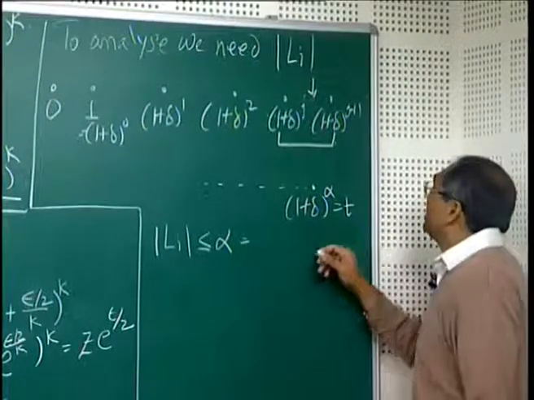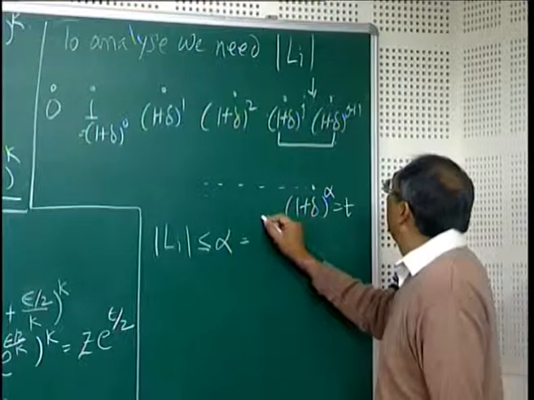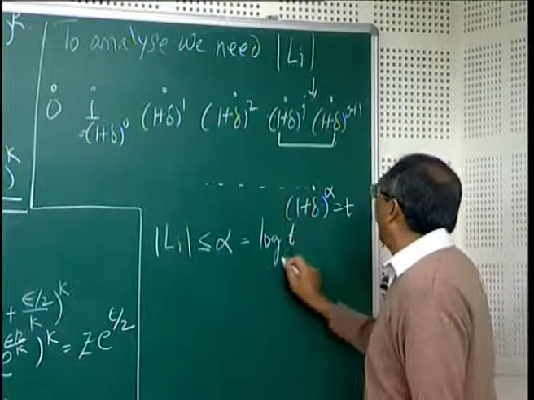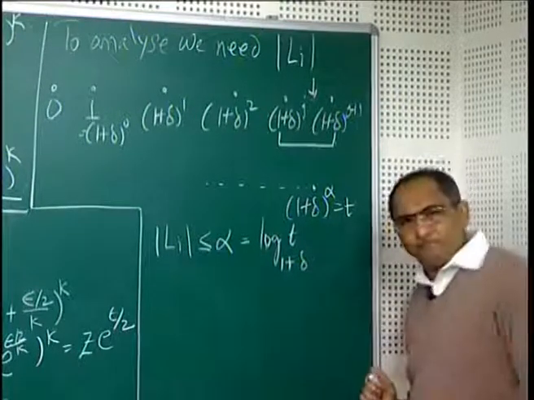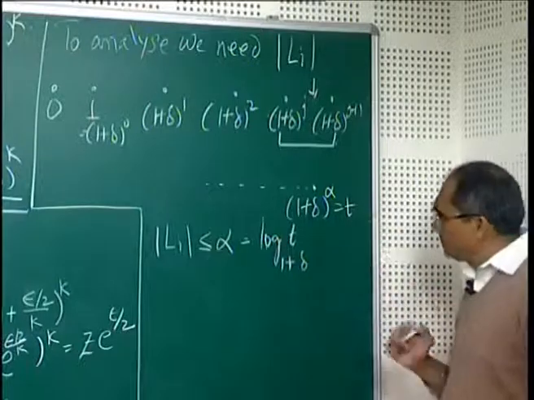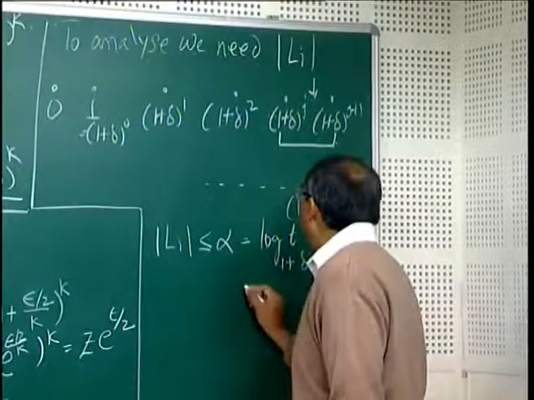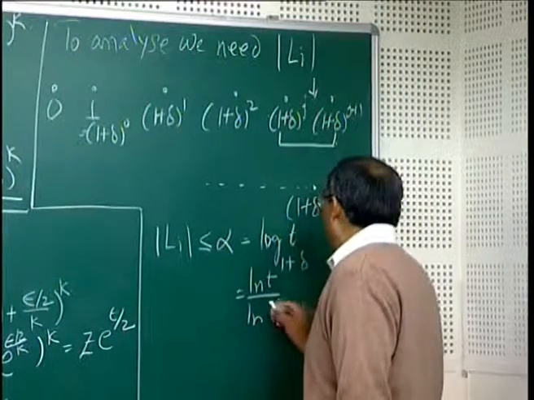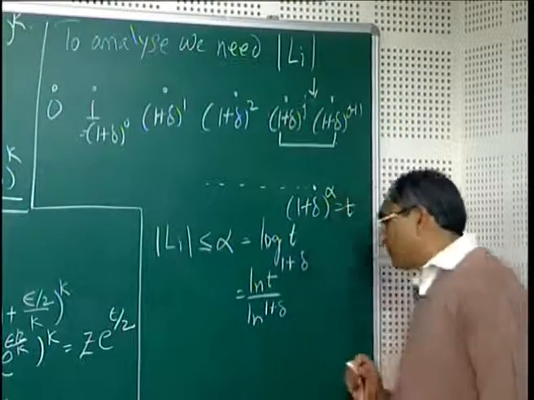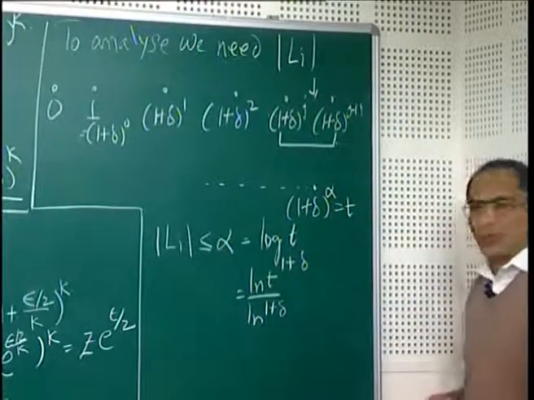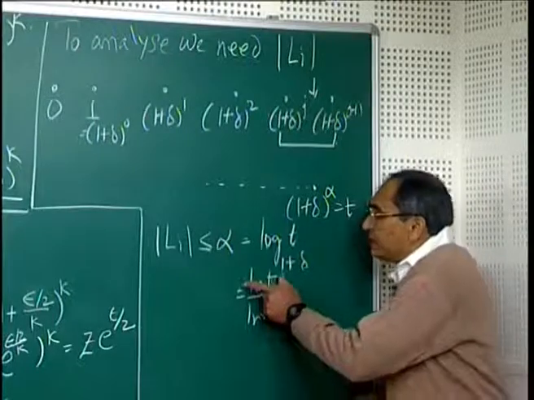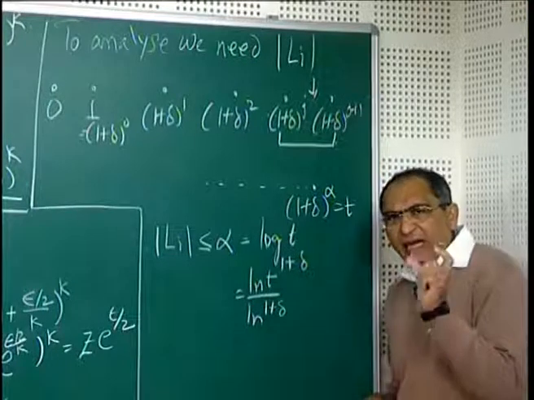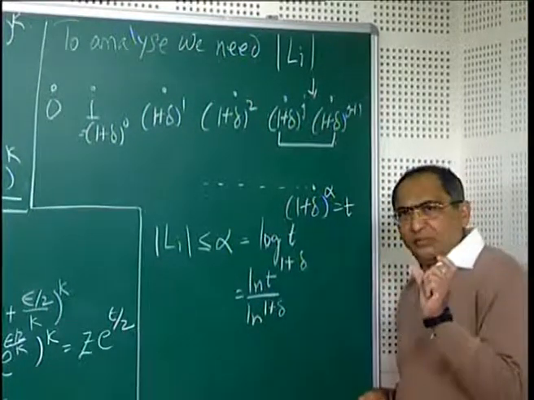and that is nothing but you just take the log. So, log of t base 1 plus delta, that is the alpha, which we will write as log natural t divided by log natural 1 plus delta. Okay. This is important to notice that although this is log natural, log base 2 of t is the size of t, which is one of the inputs.